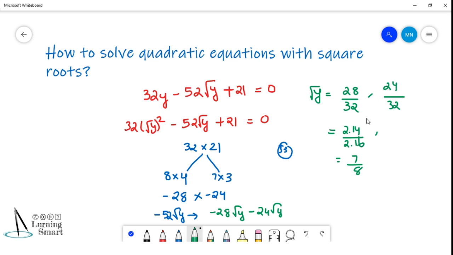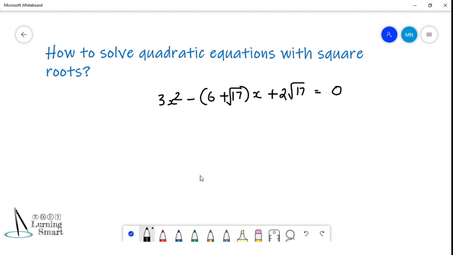Similarly here it's 6 by 8, which can be written as 3 by 4. So root y is 7 by 8, comma, 3 by 4. So what would be y? The square of this, right? 49 divided by 64 comma 9 by 16.